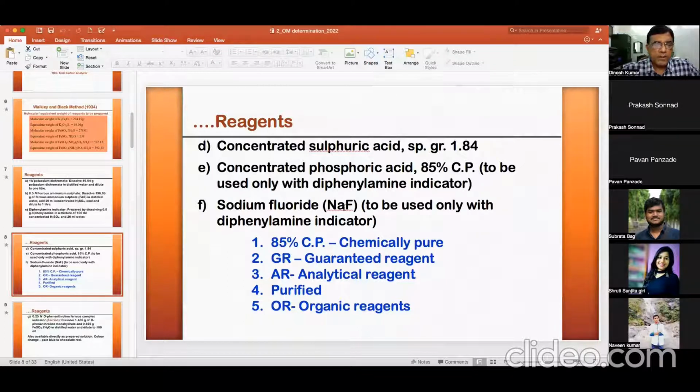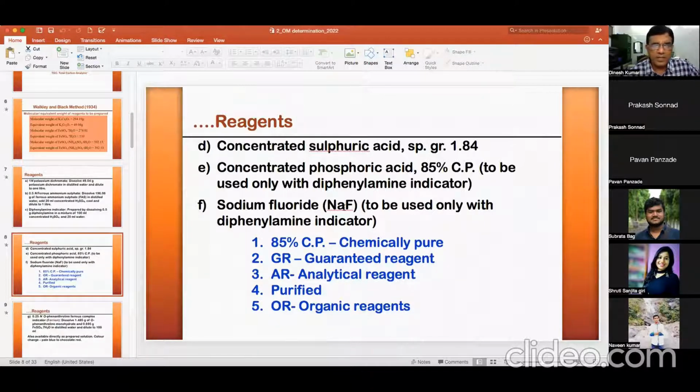GR means, students think it is general reagent, but it is not general reagent, it is guaranteed reagent. AR is analytical reagent. And sometimes you will find purified, sometimes extra purified. These are actually business techniques, and overall there may be some differences in the purity.